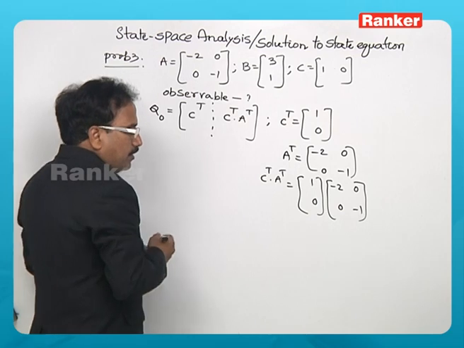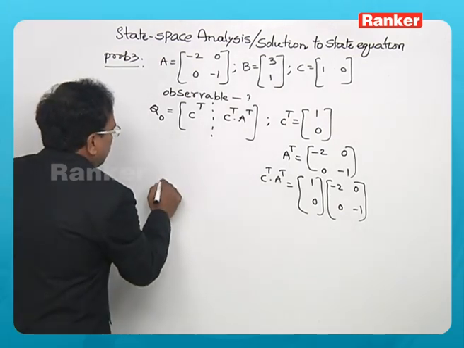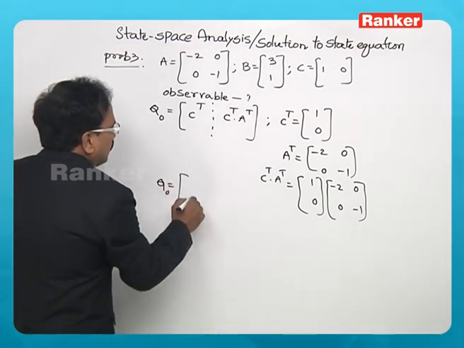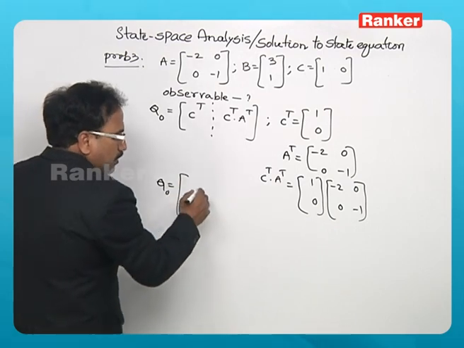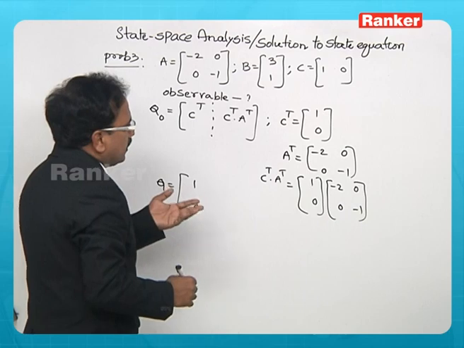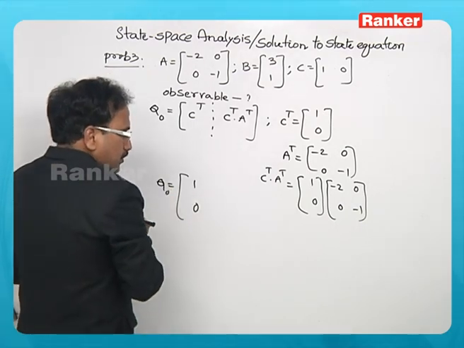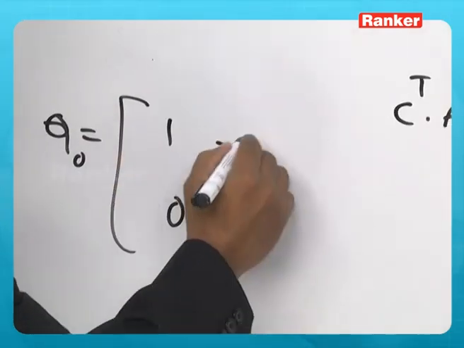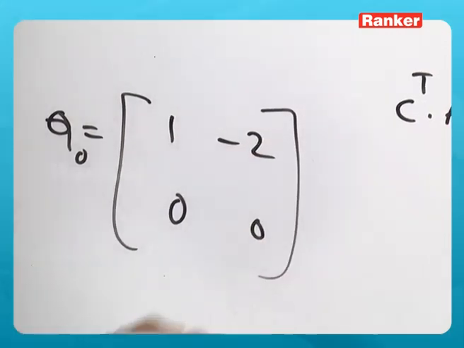Now arrange them in the observability matrix. You got C transpose as 1 0 and C transpose into A transpose, you get -2 and 0.